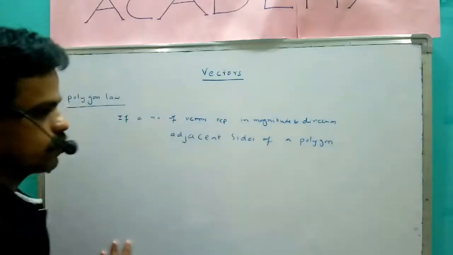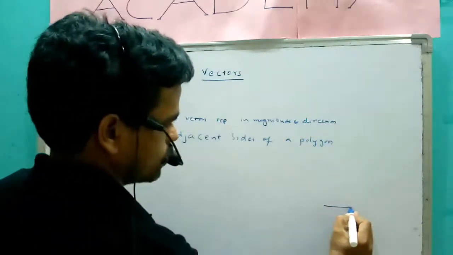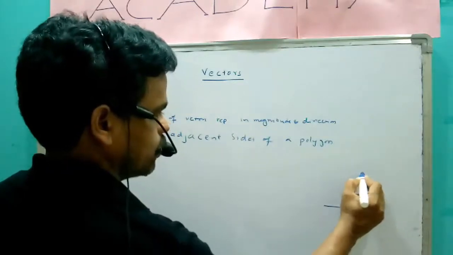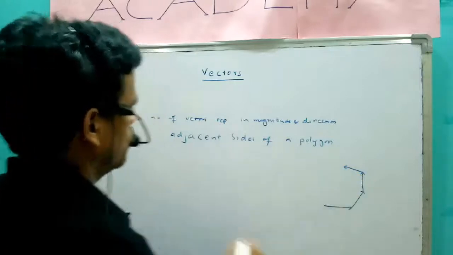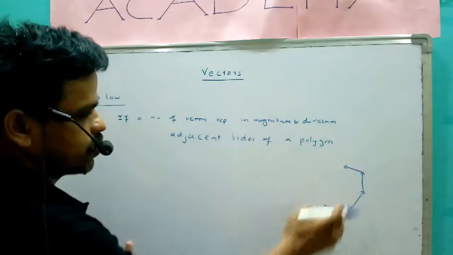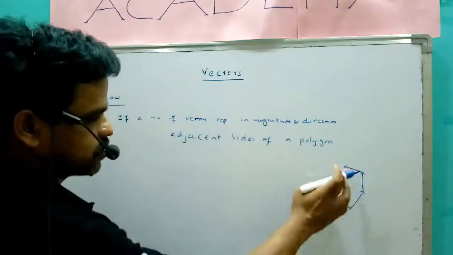See, I am showing the picture here. This is one vector, one more vector. So take a number of vectors representing magnitude and direction, as adjacent sides of a polygon.